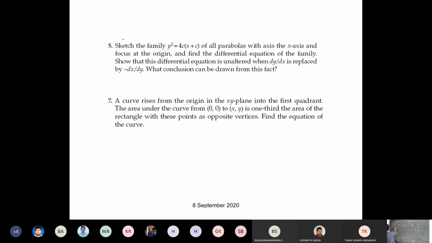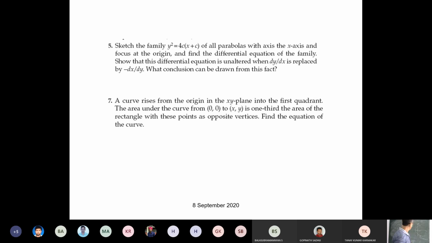So simply multiply it by (dy/dx) whole square. So this is going to become 1, dy/dx is going to remain, and here it is going to be y squared. Once you transpose this to the right hand side, you get the same answer.